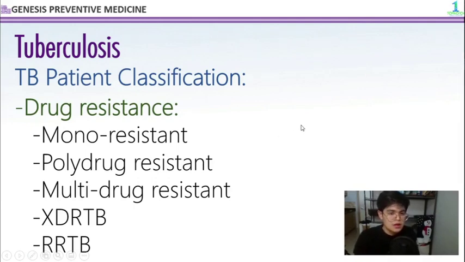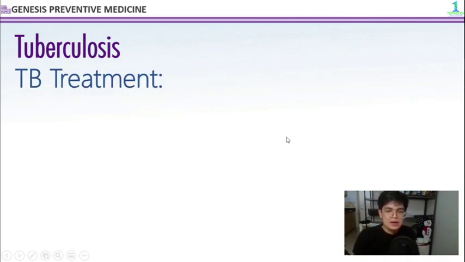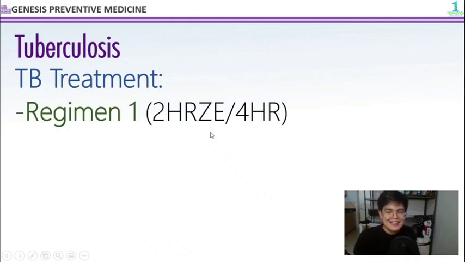That's also the utility of GeneXpert in the current setting, where it has a high yield and can immediately give you the status of resistance of the bacilli to rifampicin.